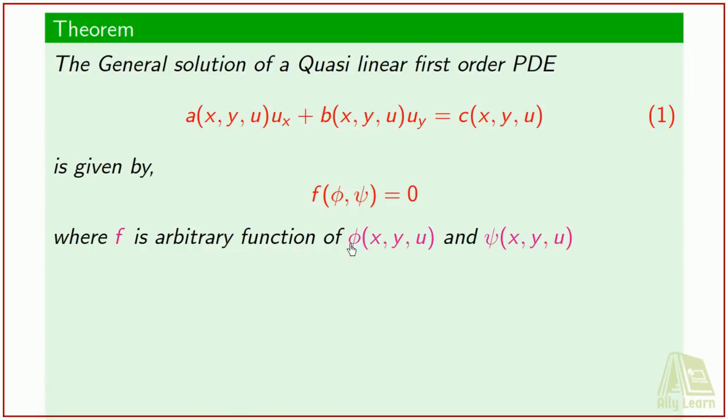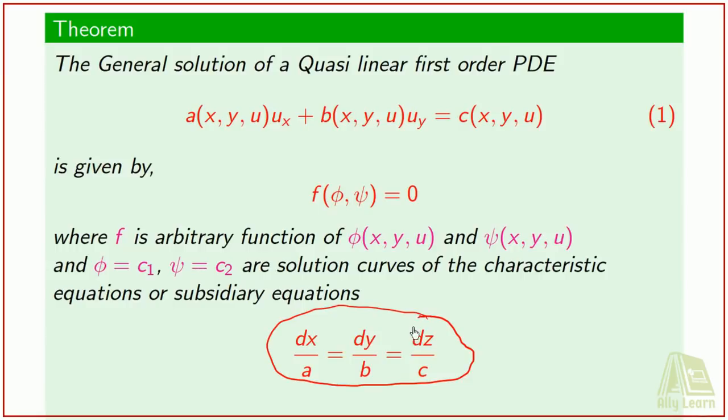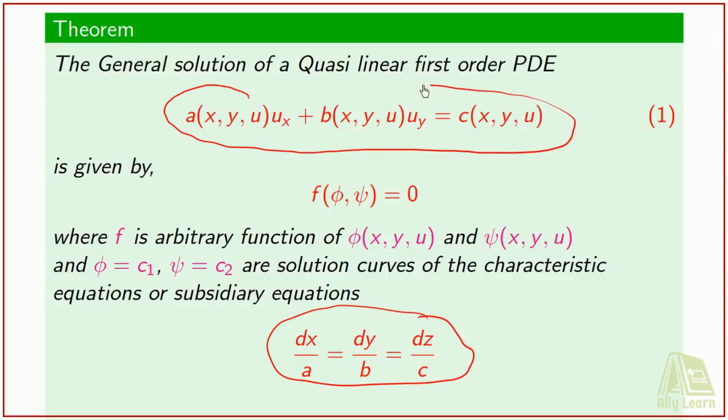and phi and psi are solution curves of the characteristic equations or subsidiary equations given by these. Now friends, these equations are called characteristic or subsidiary equations. These equations are used to calculate the general integral of this first order quasi-linear partial differential equation.